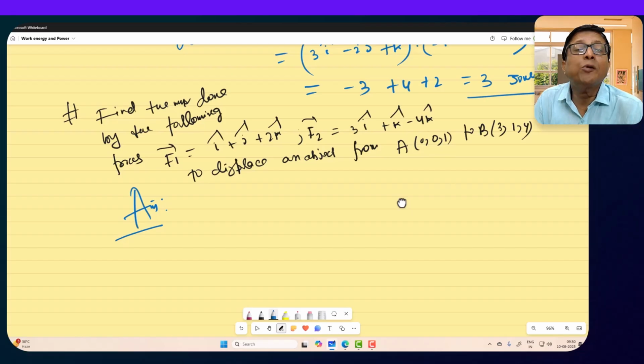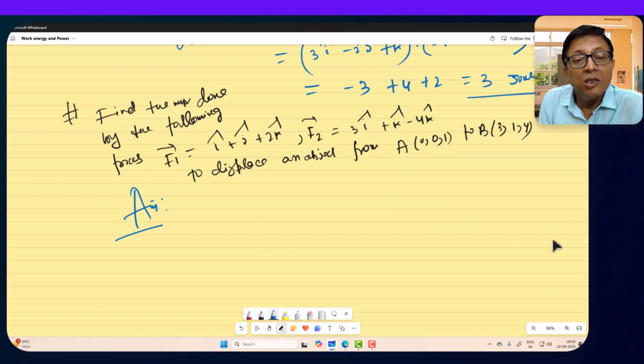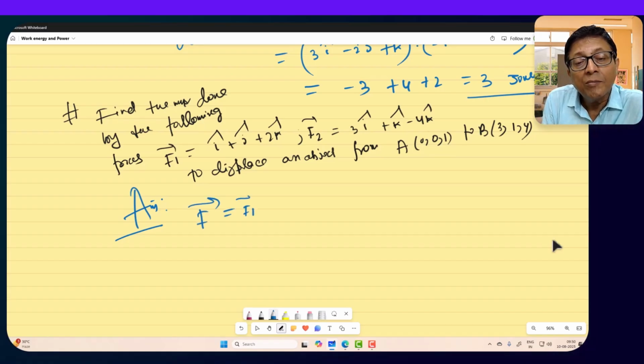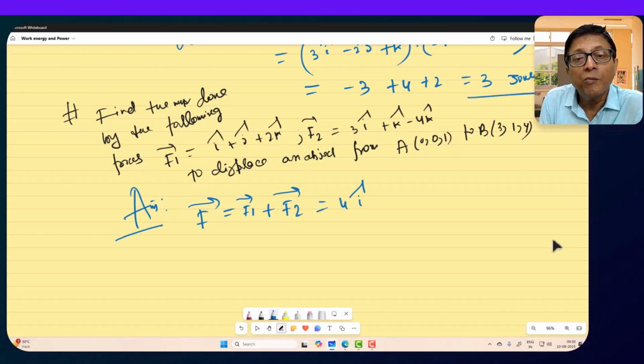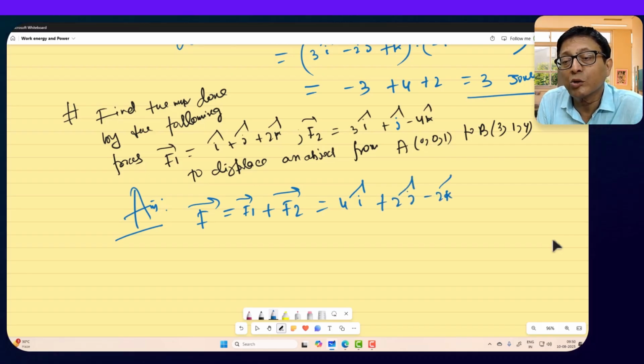Here we need to find the net force, the resultant force. So resultant force F is given by F1 plus F2. Add these two, it is going to be 4i plus 2j minus 2k.